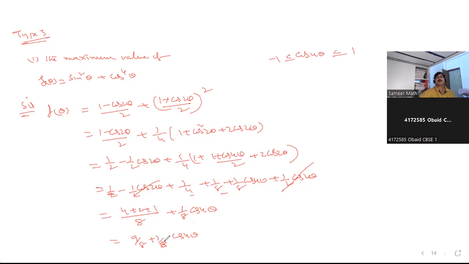We have 1 by 8 here, so multiply with 1 by 8. Nothing will happen, cos 4 theta is that 1 by 8. Now 9 by 8 we have to add.